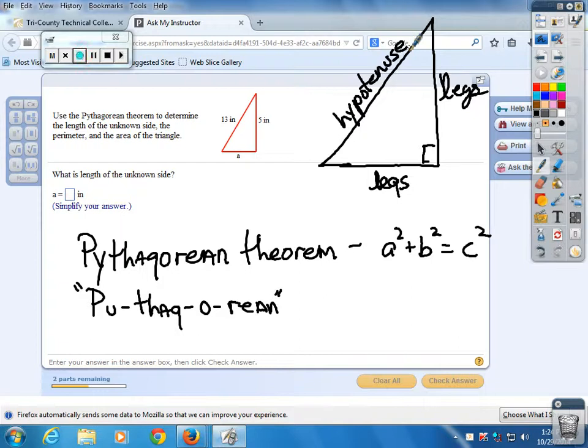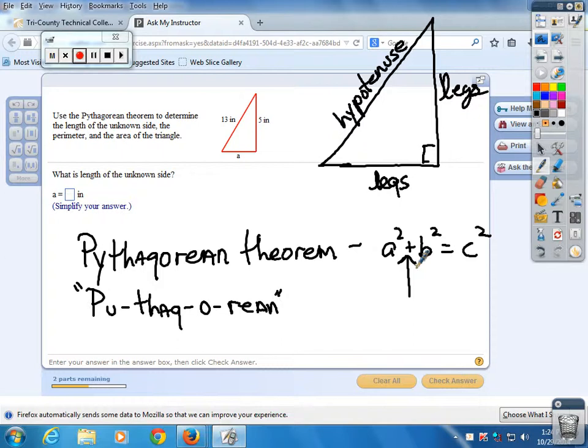Okay? Now the legs, it doesn't matter because what does that symbol right there designate? Addition. And addition is commutative. What does commutative mean? 2 plus 3 is the same as 3 plus 2.